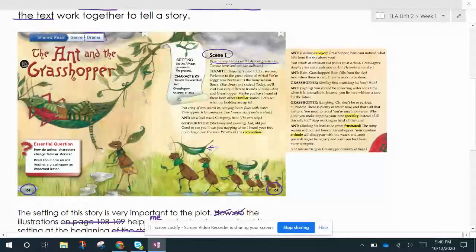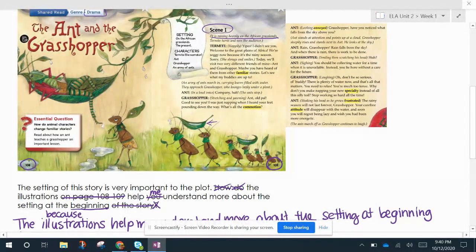And it shows this in the illustrations because there's lots of water and I can tell it's been raining a lot because everything is green. And usually when things are green, they've been getting lots of water.